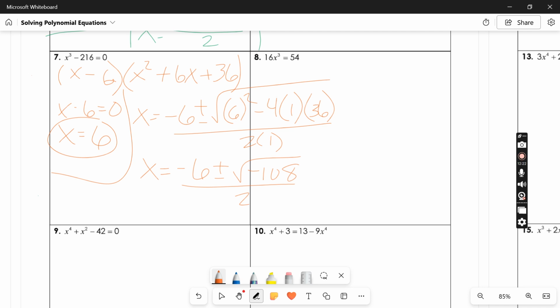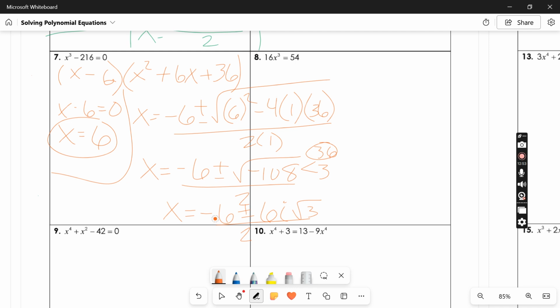Okay, so negative 108 is not a perfect square, so I need to find the largest perfect square that goes into 108, which is going to be 36 and 3. So x equals negative 6 plus and minus the square root of 36, which is 6i, square root of 3, all over 2.